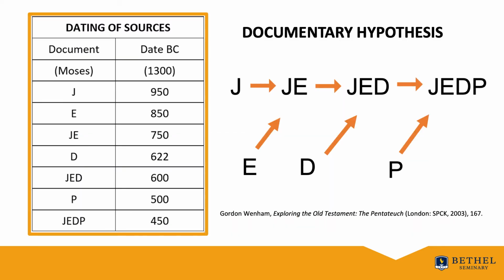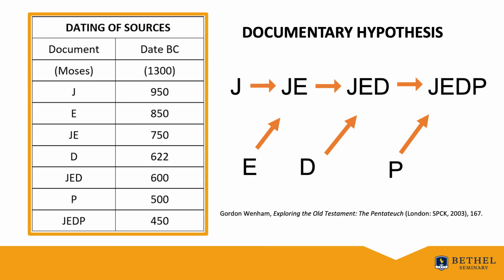And what about the dating of sources? According to the documentary hypothesis, the J source was dated 950 BC, and E source started in 850 BC. Later, both J and E merged in 750 BC.